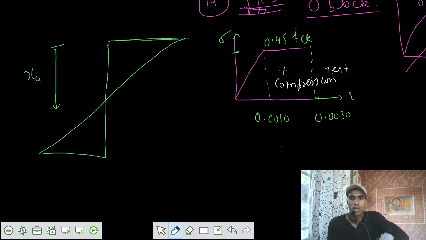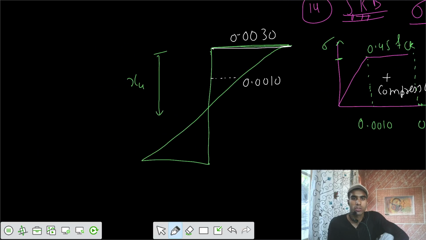It says that the extreme fiber is having a compressive strain of 0.0030, and somewhere it would be having a value of 0.0010, and from that we can make the stress block. From the strain of 0.0030 to 0.0010, we have a rectangular stress block.